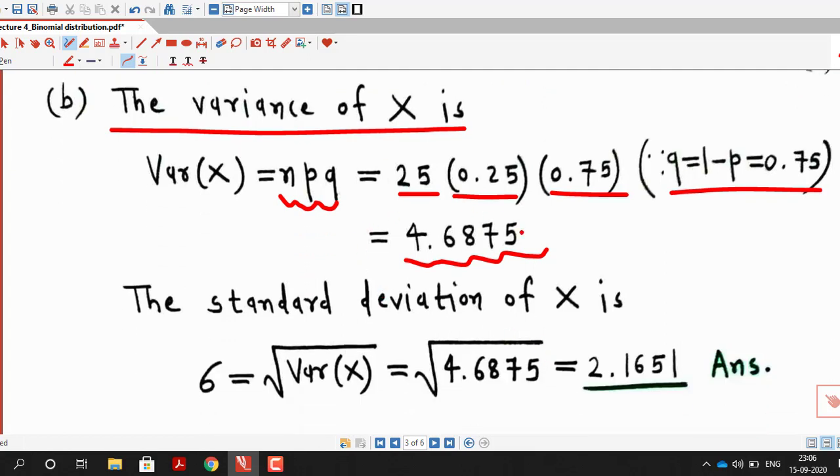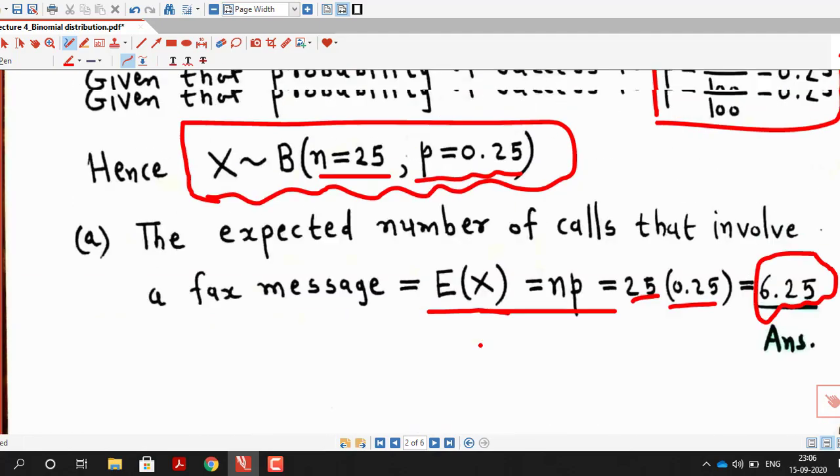But we are asked to find the standard deviation. So standard deviation is nothing but the square root of variance, and if we take the square root of 4.6875, we have 2.1651. So this is the standard deviation of the number of calls that involve a fax message.